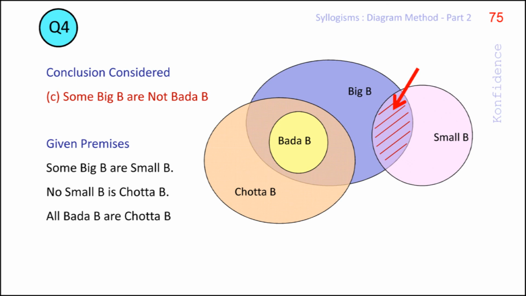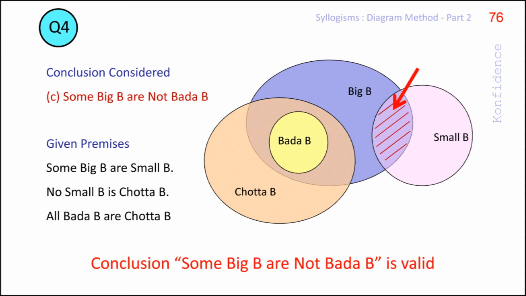So, there is going to be at least some part of big B that does not overlap with Bada B. And that means some big B are not Bada B. Now this condition is going to be true in whatever way you rearrange or combine the diagrams. And so, conclusion C is definitely valid. If you were not able to comprehend the thought process clearly, listen to this slide once again.